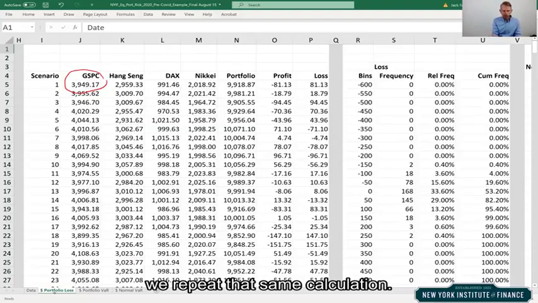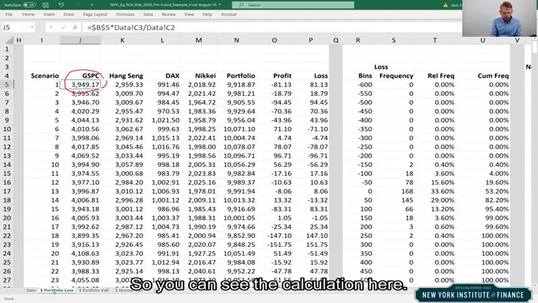And we repeat that same calculation. So you can see the calculation here.